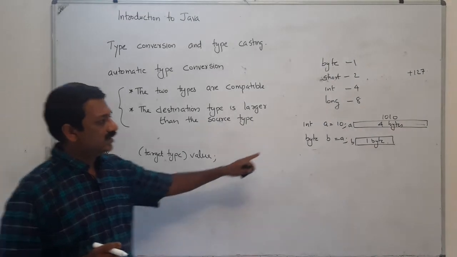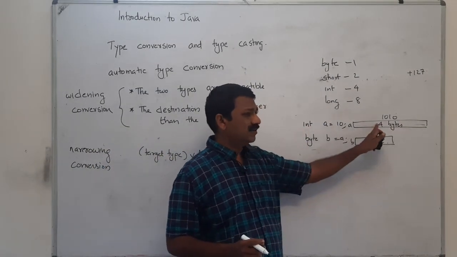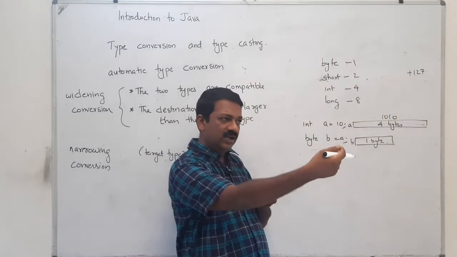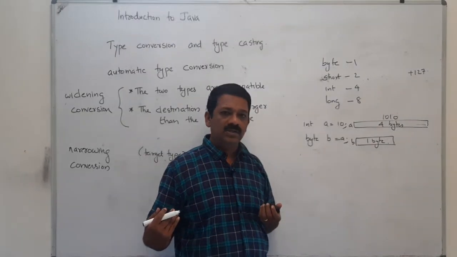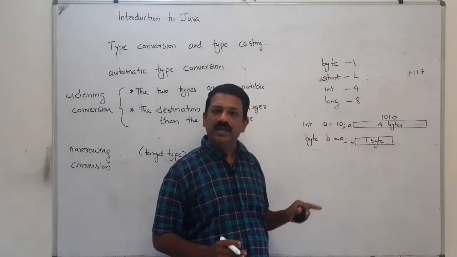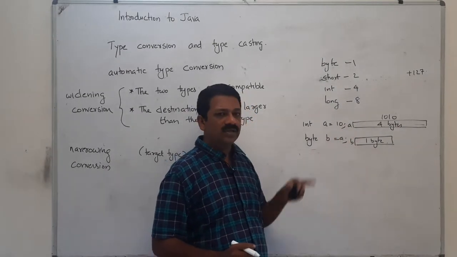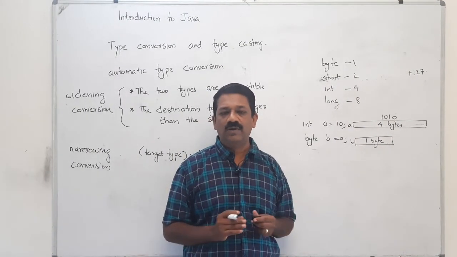Here, as this is an integer value, byte b is equal to a means you are assigning an integer value to a byte. So it's a narrowing conversion, but these two are compatible, both are integers, no problem. But when you are narrowing, the system won't automatically do that.